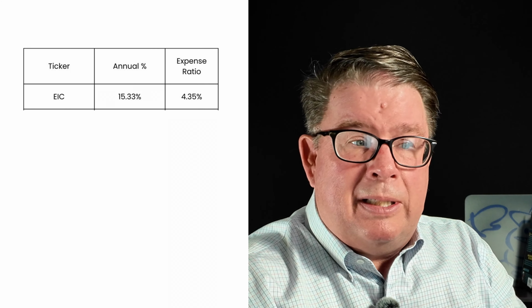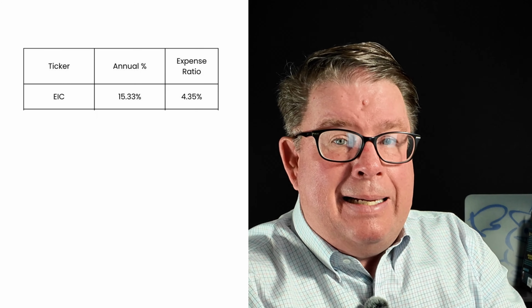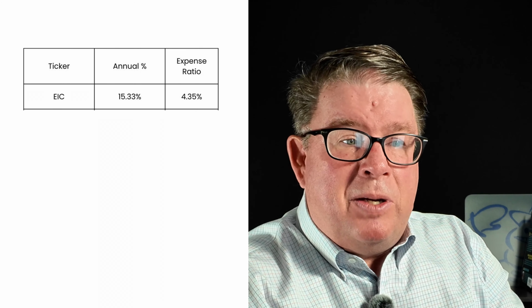The last section is CLOs. Not going to get into what a CLO is. You can go see them below, but let's go through the CLOs. I have EIC, Eagle Point Income Company. It's paying right around 15%. It has a higher expense ratio, 4.35.